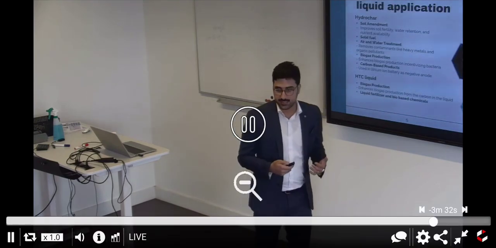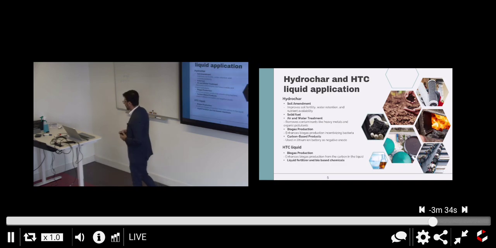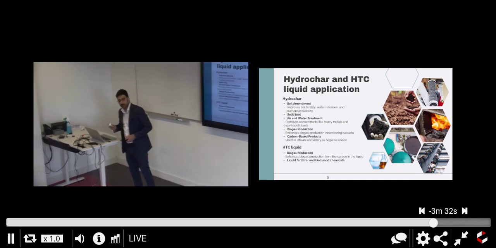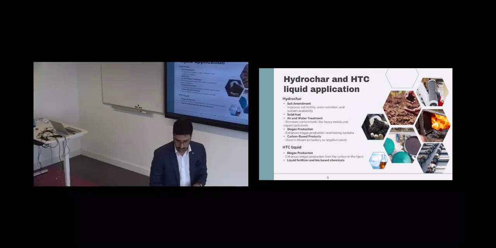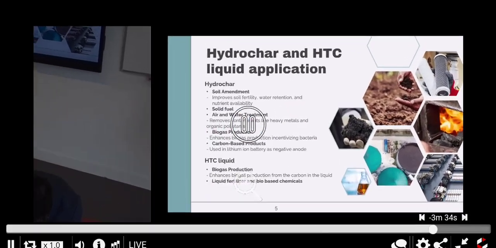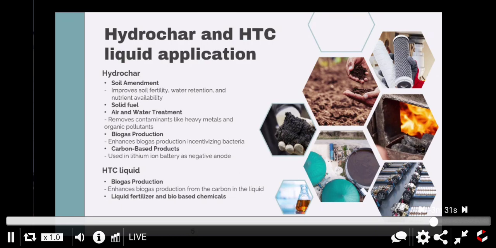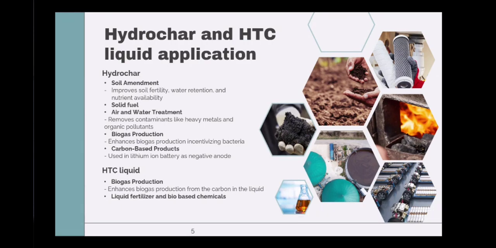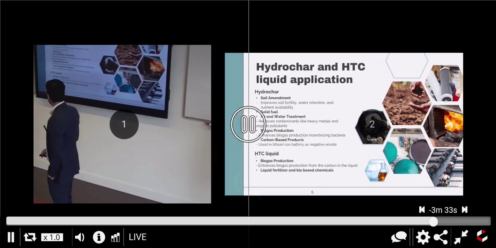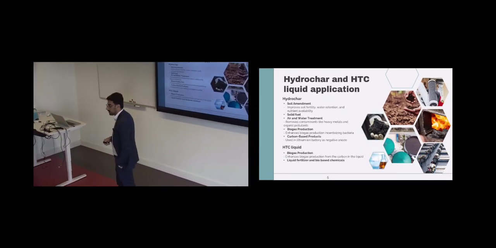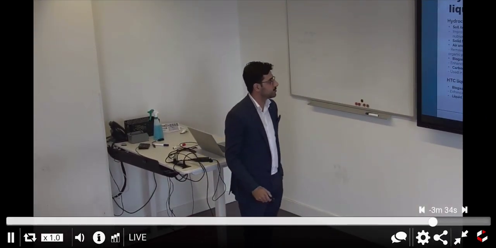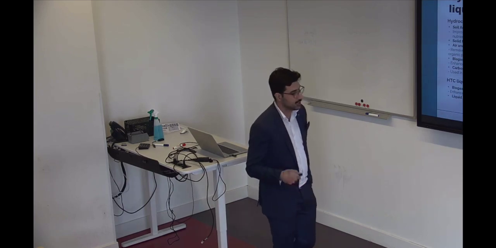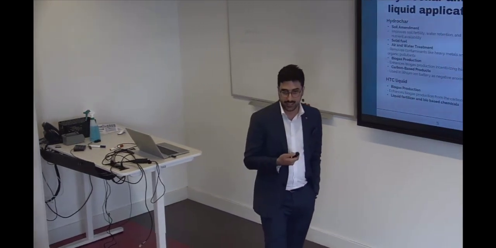So the beautiful thing about hydrothermal carbonization is the hydrochar. The hydrochar, as you can see, is this one. There are many applications for the hydrochar. One of them, as my colleagues said, is soil amendment and solid fuel, and also air and water treatment, and also biogas enhancement in the anaerobic digester, and also carbon-based products such as batteries for negative anode.